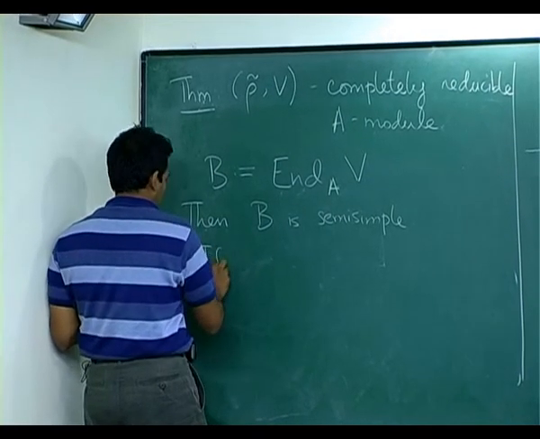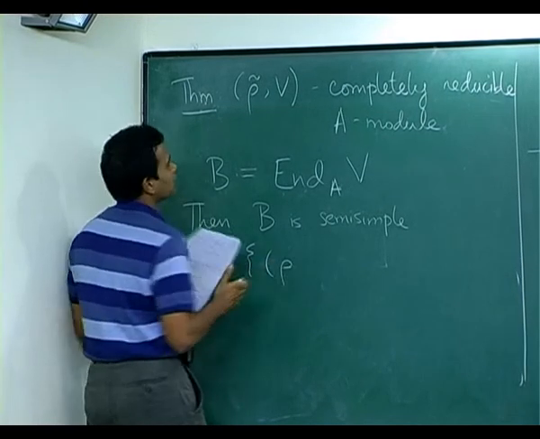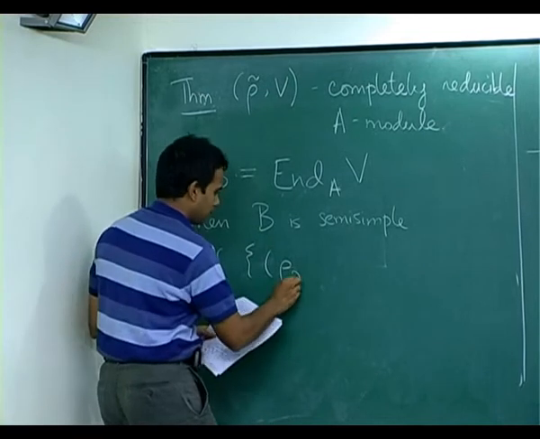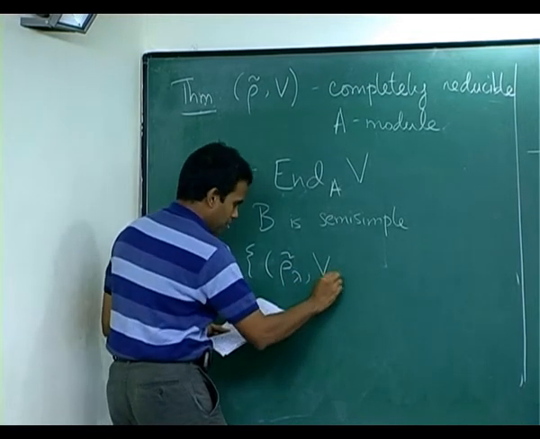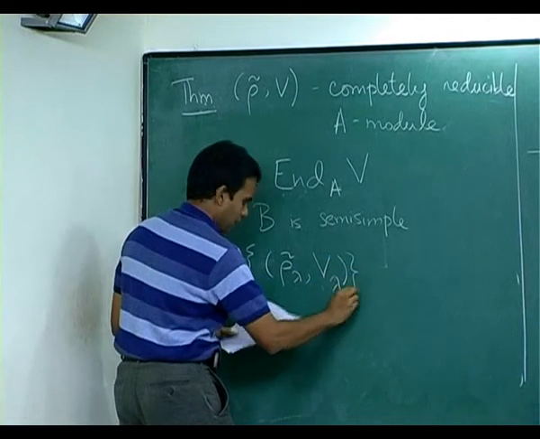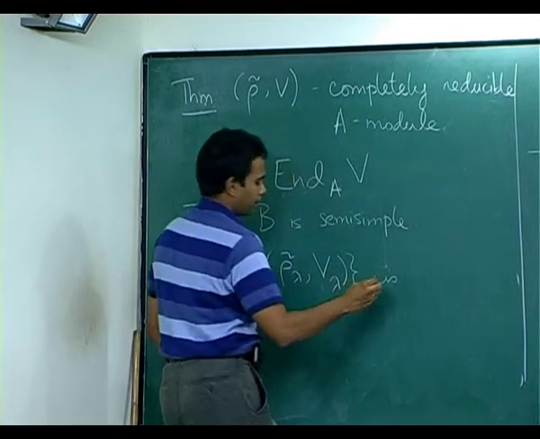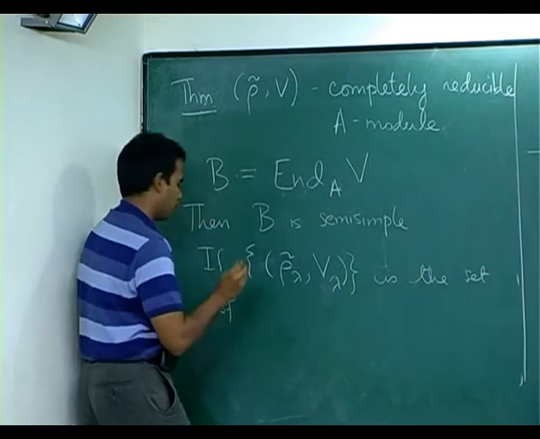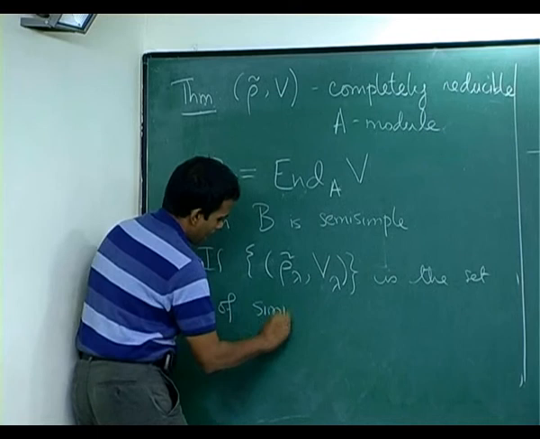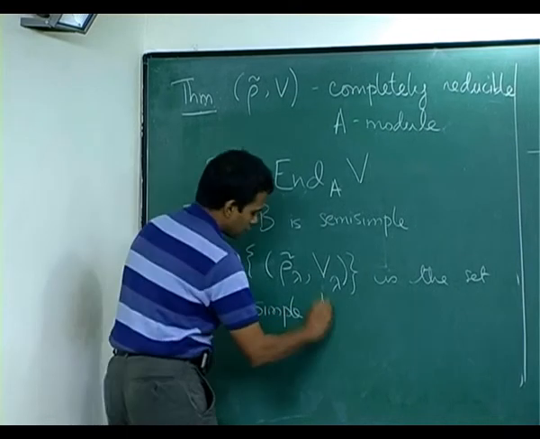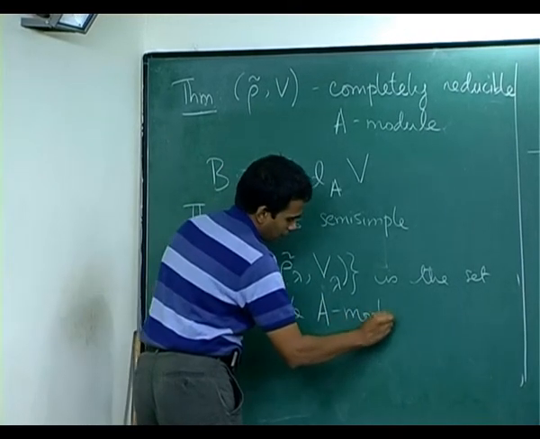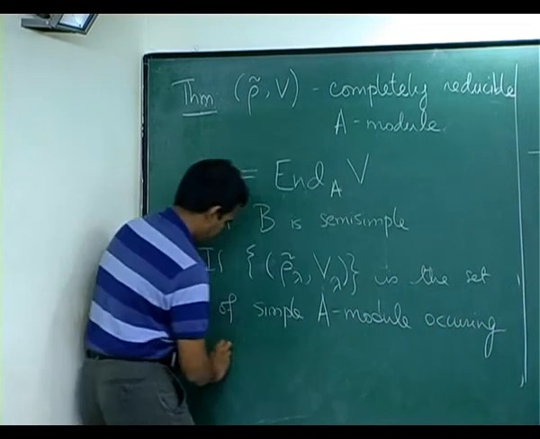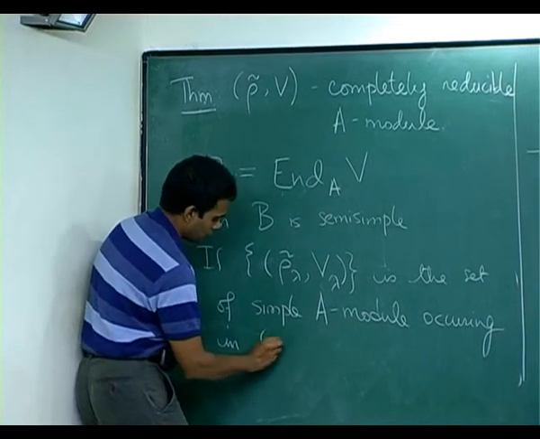And if I somehow make a list of the simple A modules which occur here, so I will index them by some lambda, rho lambda, V lambda is the set of isomorphism classes of simple A modules occurring in rho tilde V.